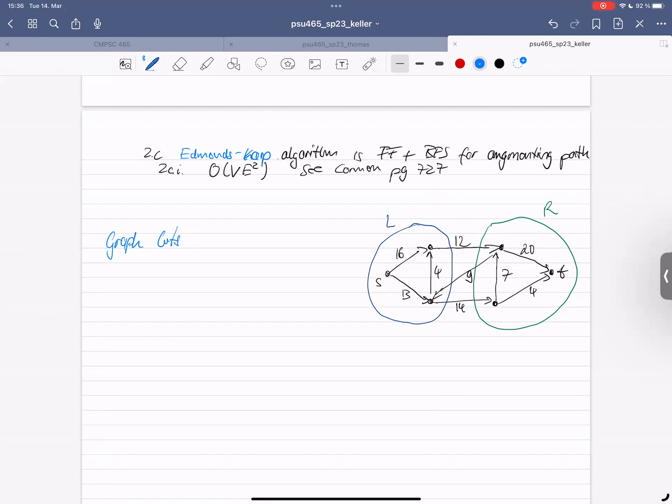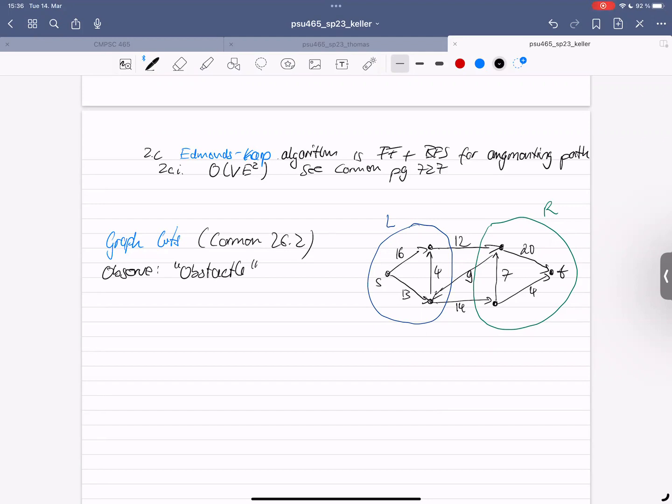About graph cuts, you can again read a bit more in Cormen. Just giving you the reference for this. Okay, but the observation, to summarize this using a very vague description, since it's not formally telling us what I'm trying to say here, is that a natural obstacle to the existence of a very large flow is the capacity of the edges that go from L to R, as we have just illustrated in this figure.